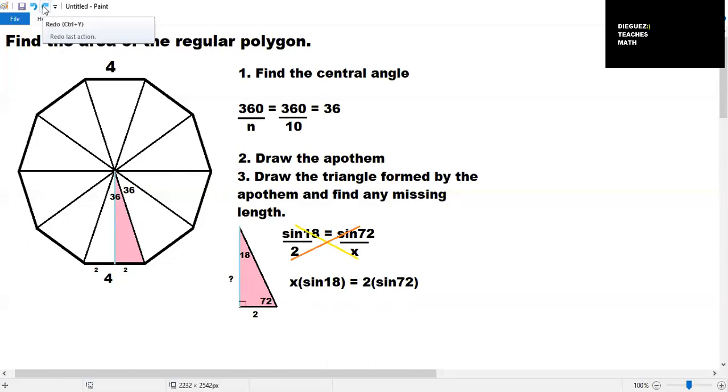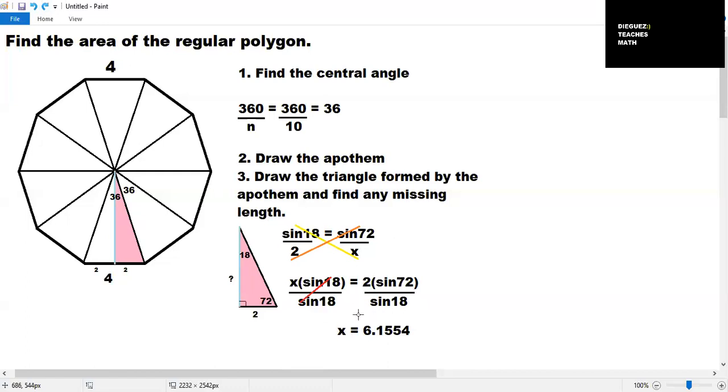So I want to get rid of that sine of 18, and I do that by dividing both sides by the sine of 18. On the left side, sine of 18 divided by sine of 18 cancels out, so I end up with just x.